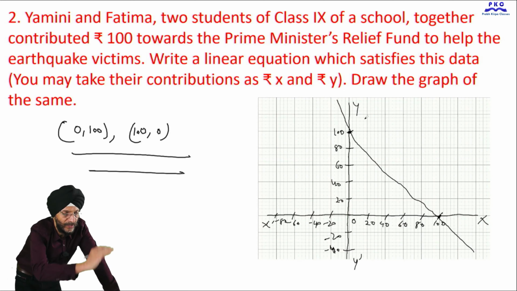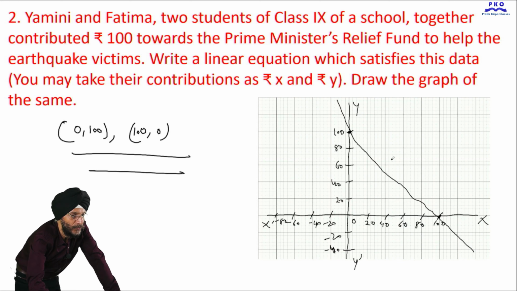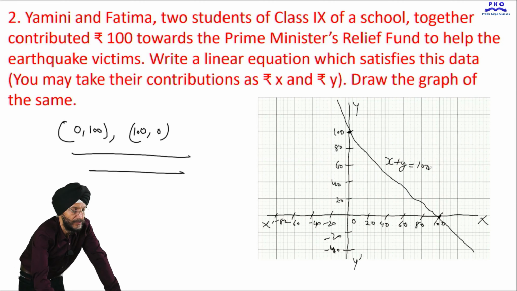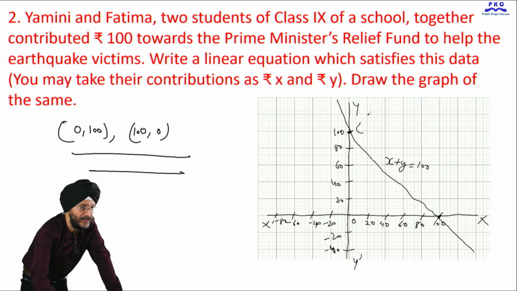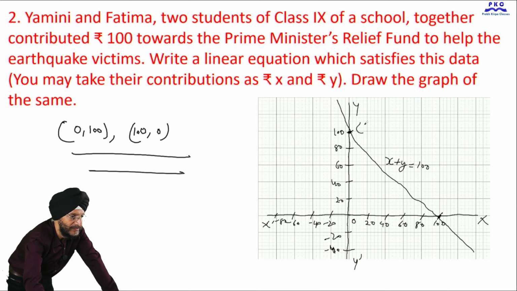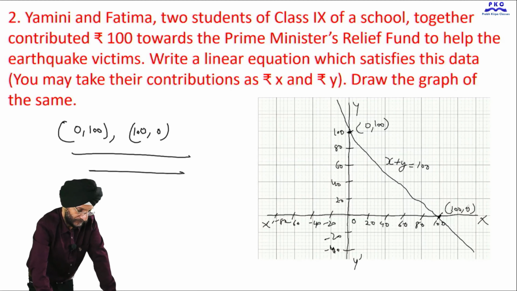When we are drawing this graph, you have to write the equation here also: x plus y is equal to 100. Here we are also to mention the solutions. Here the value of x is 0 and the value of y is 100. Here the value of x is 100 and the value of y is 0.